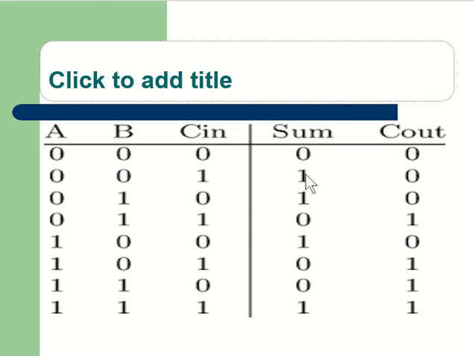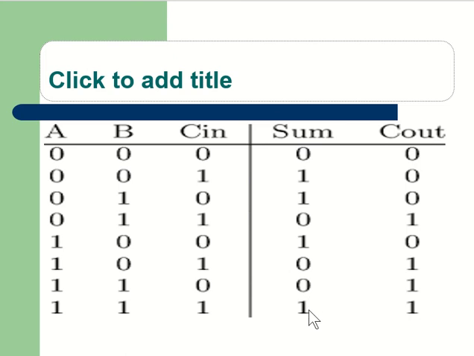So one case is corresponding to A is 0, B is 0 and C in is equal to 1. That is nothing but A bar, B bar and C in. Second one where A is 0, B is 1, C in is 0. That is A bar, B, C in bar. Third case, that is A is 1, B is 0, C in is 0, that is A, B bar, C in bar.